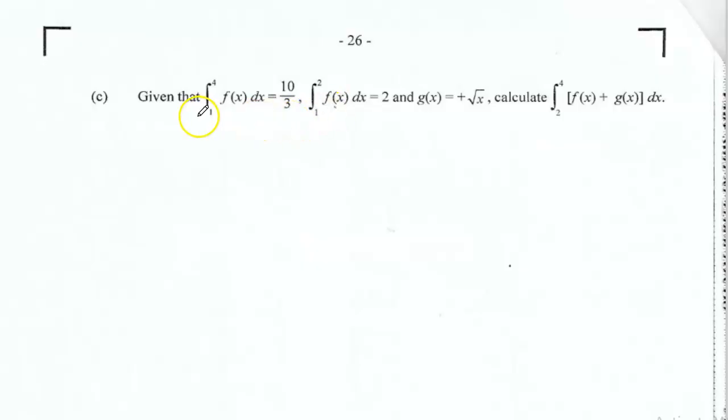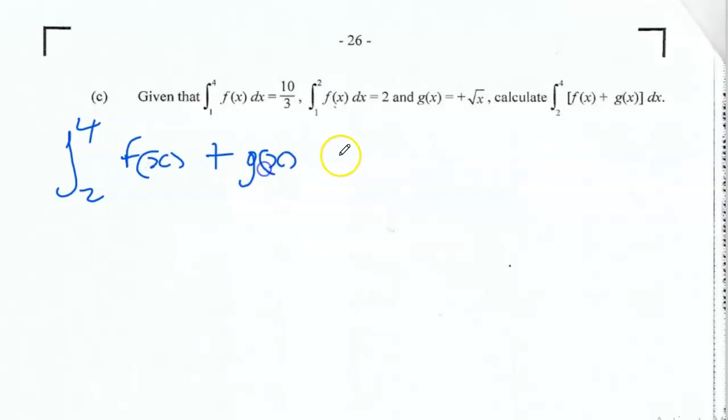So dy by dx is 2 cos theta over minus 5 sin theta. Part C, given that the integral of f of x between 1 and 4 is 10 over 3, the integral of the same function between 2 and 1 is positive 2, and we are told that g of x is positive root x. Now we are asked to evaluate the integral of f of x plus g of x between 4 and 2.